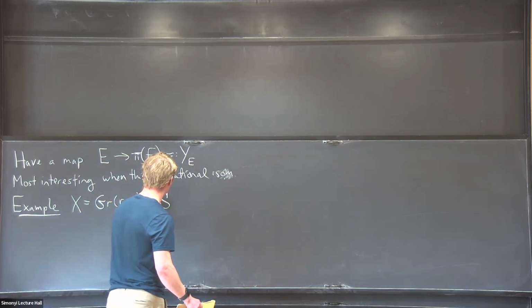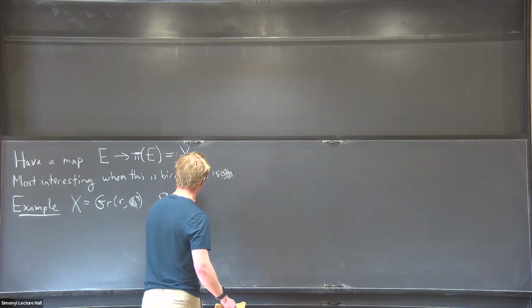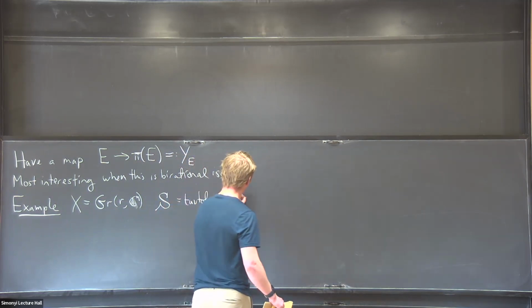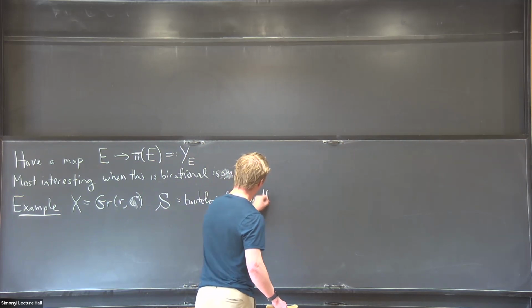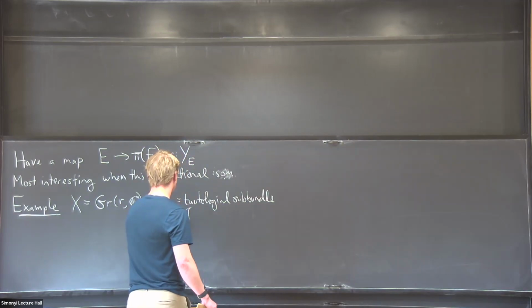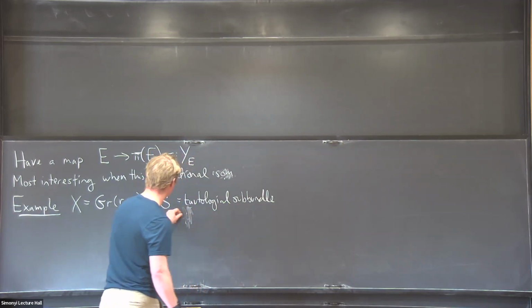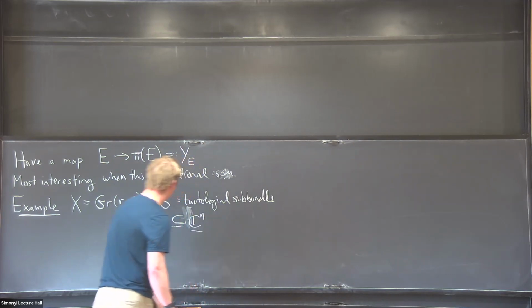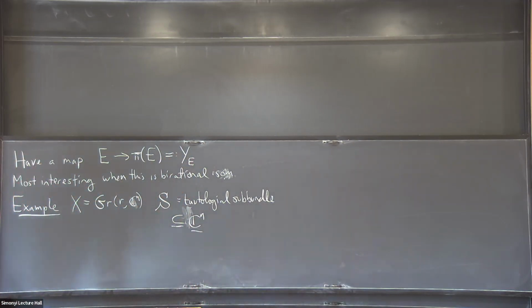And S is going to be the tautological subbundle, which is a subbundle of the trivial bundle of rank n.